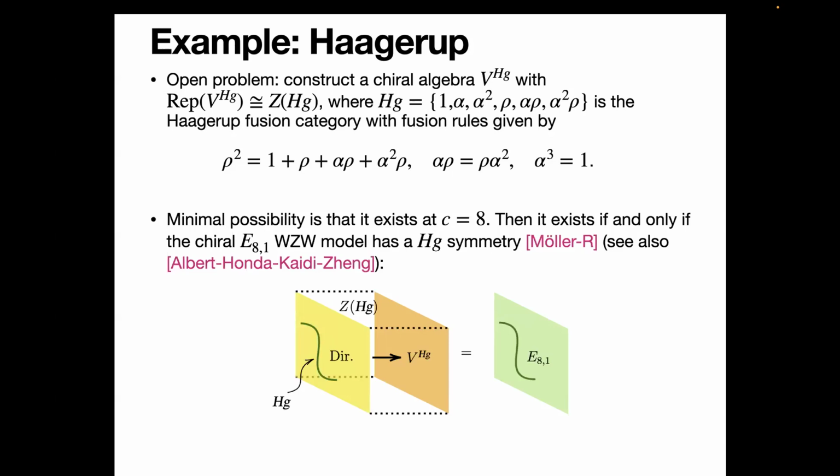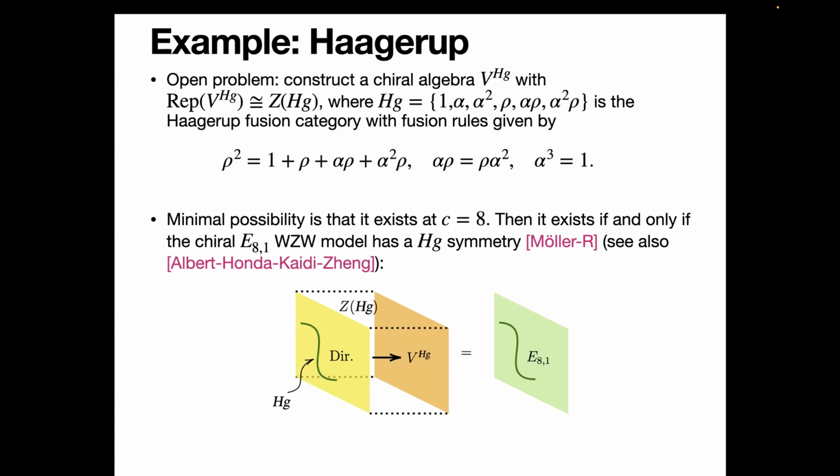reformulations of this problem. One reformulation that is known is, first of all, because this is a Drinfeld double, the central charge of any VOA that realizes this category has to be a multiple of 8. So the minimal possibility is that it exists at c equals 8. And then it turns out you can show by a SymTFT argument that this VOA exists at c equals 8 if and only if the E8 level 1 chiral WZW model admits an action by the Haagerup fusion category.